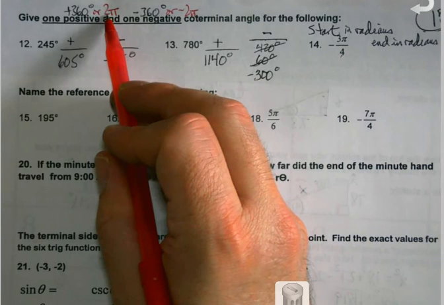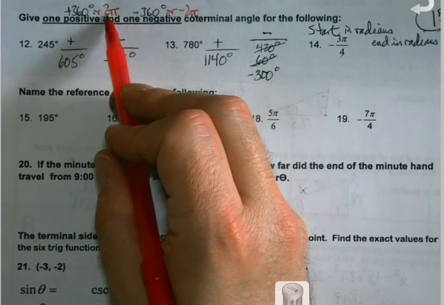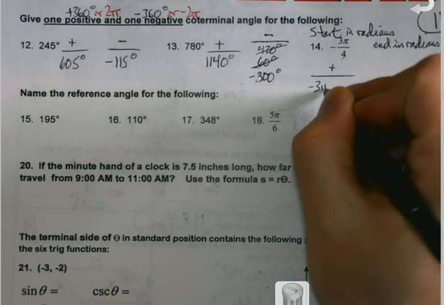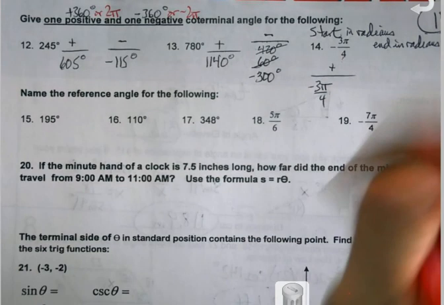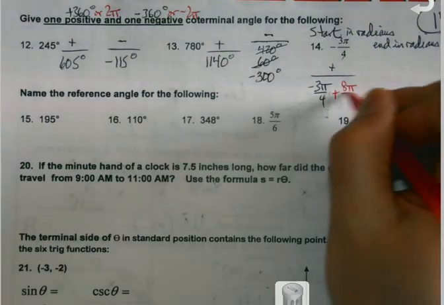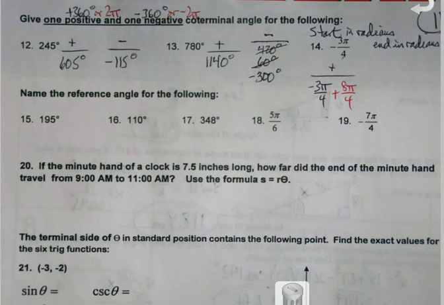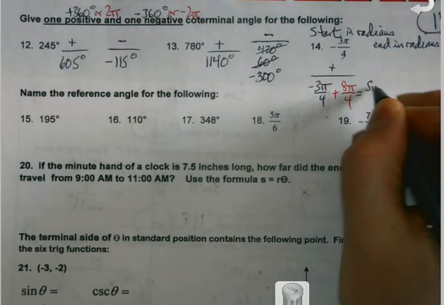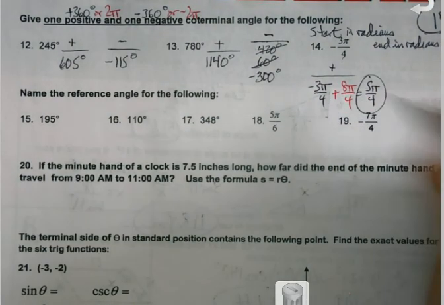So 4 times 2 pi for my plus would be negative 3 pi over 4 plus 8 pi over 4. 2 pi times 4. Which works out for me because it comes out positive.